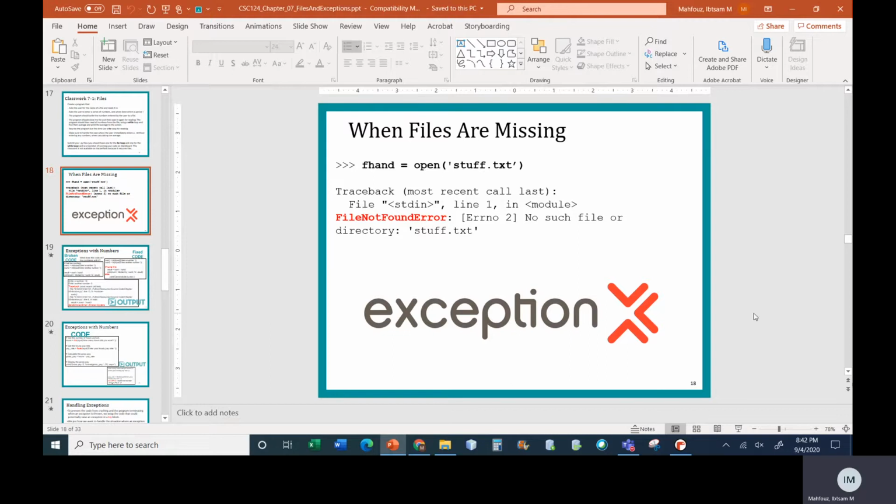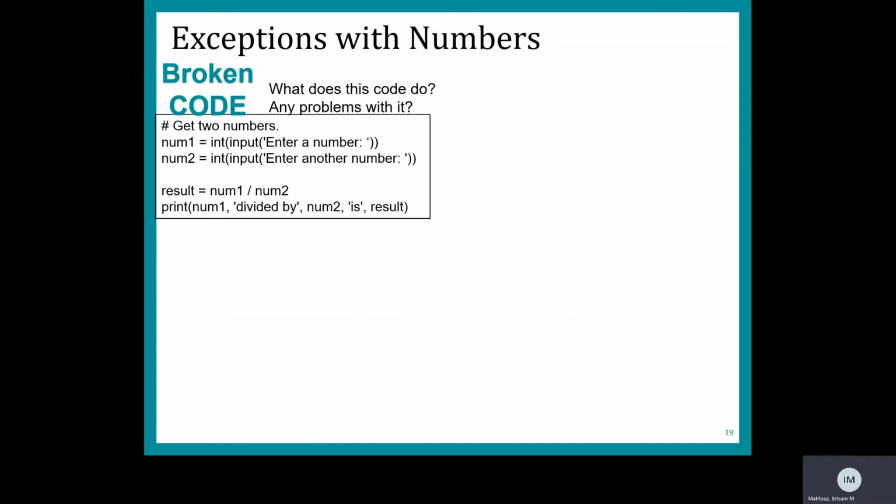Now I want you to look at the code on the next slide. We'll look at it together and try to think, is there any problem that can happen in this code? So here, we're asking the user for a number, we're asking the user for another number, and then we're trying to divide both. Well, we know one problem already that can happen is that the user can enter something that cannot be converted to an int.